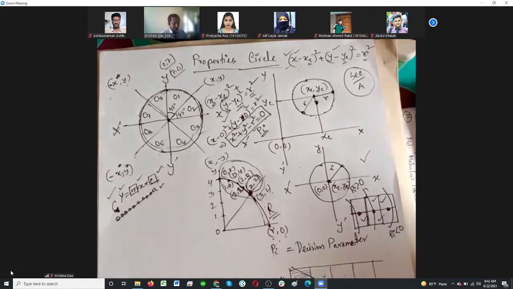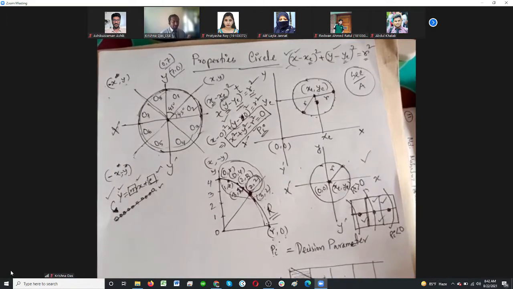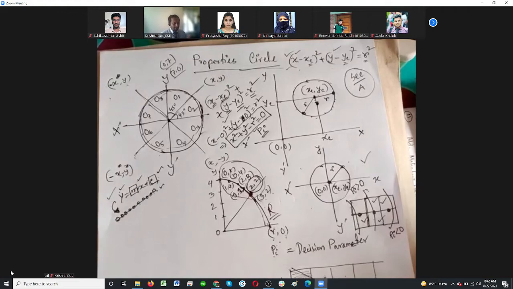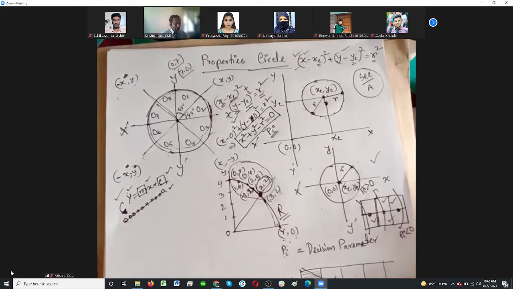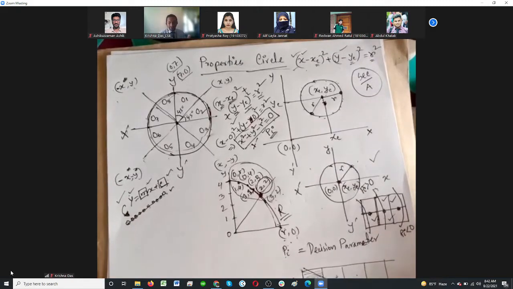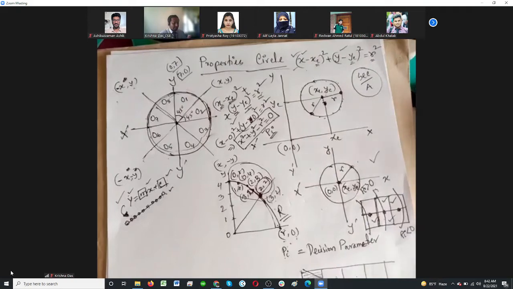I was asking at least one question to all the students, because I found that a few students only come to know later what kind of questions are actually asked in the Viva. A common question was about the properties of the octant.